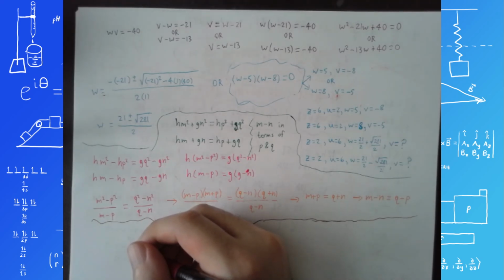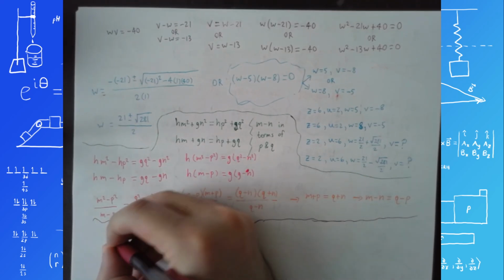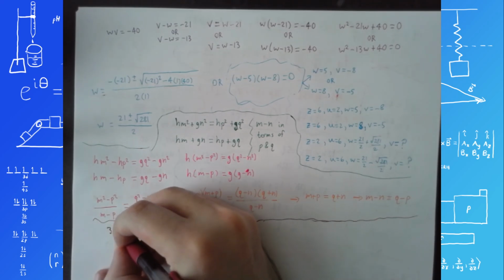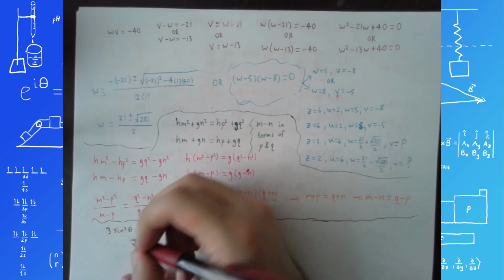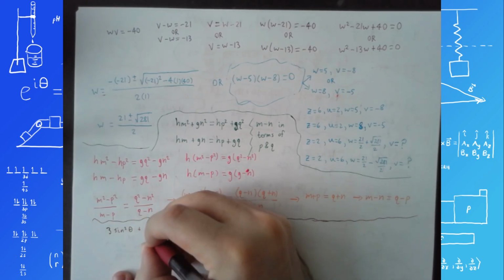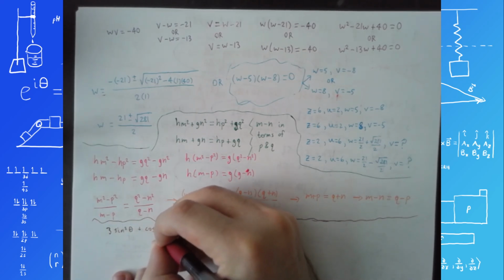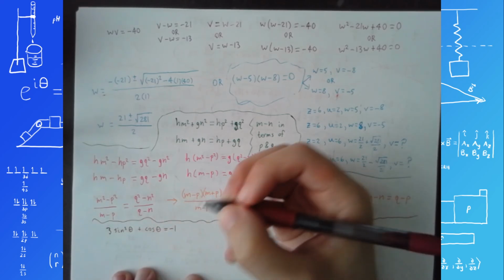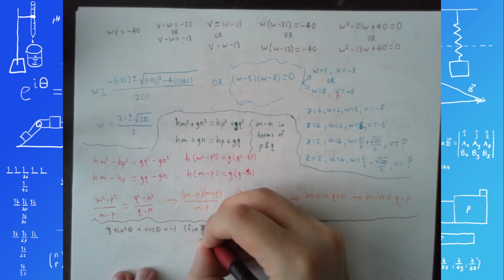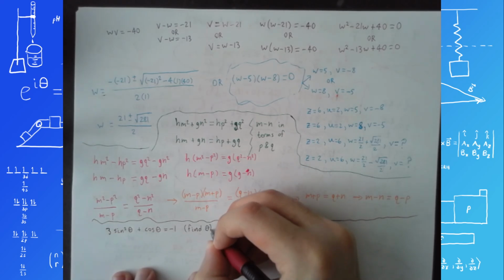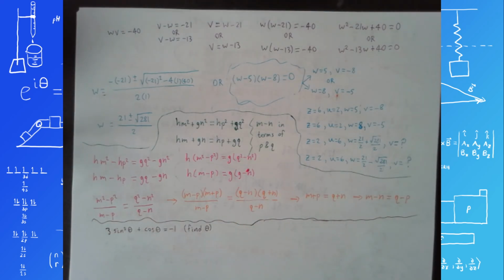So we have 3 sine squared of theta plus cosine of theta equals -1, and it says find theta. Solve for the value of theta. It does have an actual numerical value that you can solve for.